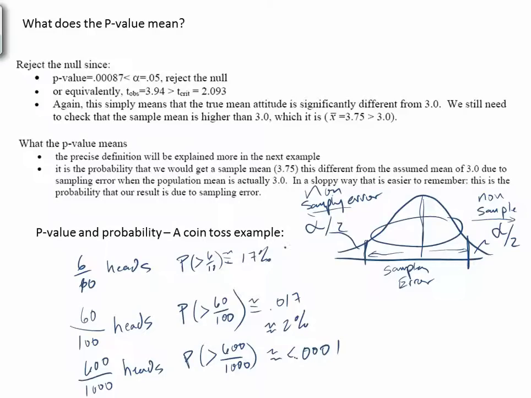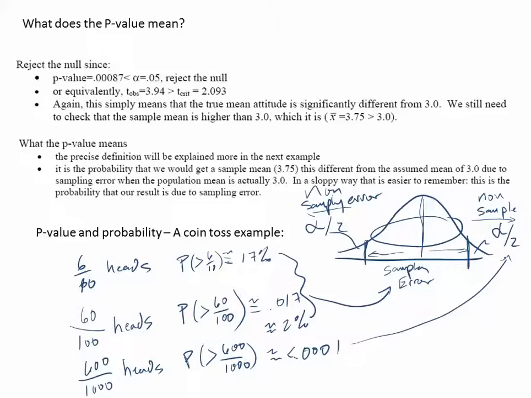What you're really saying here is that in the first two cases, this is just due to some random natural variation. But in the third case, we're so far out on the tails that we have to say that it's not due to random or natural variation. It's really due to something other than natural variation. We would suspect that the coin is unequally weighted, or my method of flipping it is programmed or systematic, such that I'm getting, by design, more heads than tails.